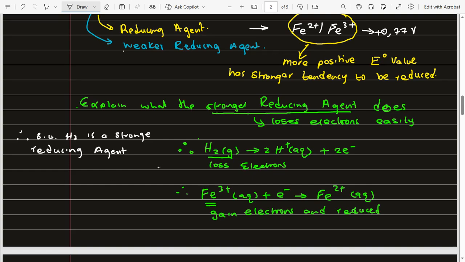It's a stronger reducing agent than the Fe3 plus, or you can say the Fe2 plus. Maybe you saw the memo, they say the H2 is a stronger reducing agent, but you don't understand why. Now I think I've explained that, and therefore we're going to say that it loses electrons.